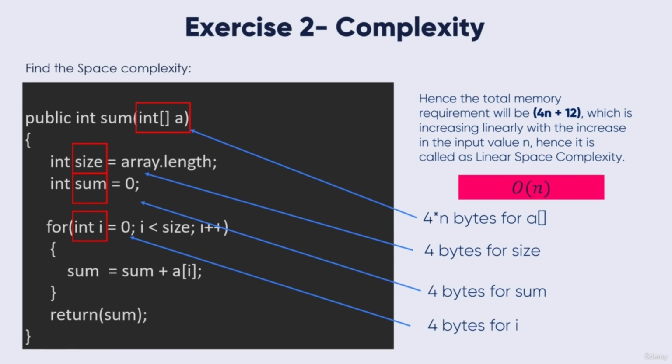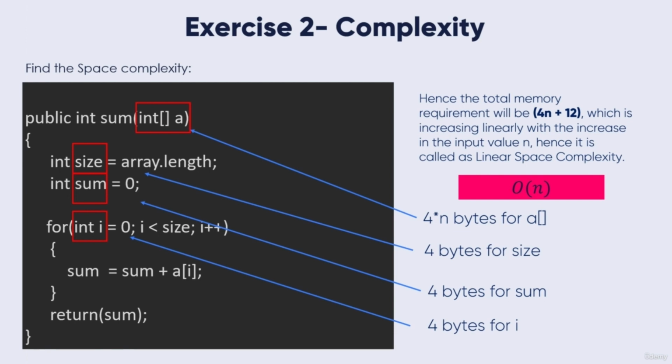So the total space complexity is O of n, because we have 4n plus 12, and according to the big O notation, where we have solved many exercises and questions, we take the highest degree in the equation.